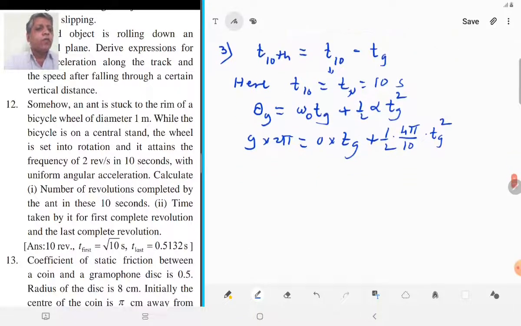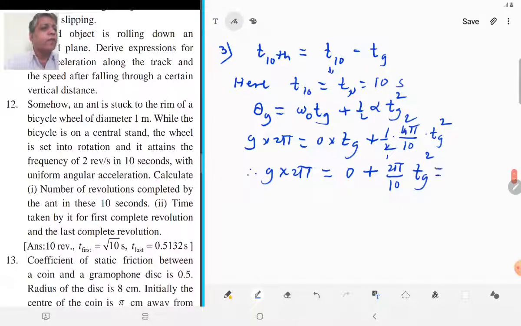Therefore, 9 into twice pi is equal to 0 into T9, that is 0, plus 2 1s are 2, 2 2s are 4. Therefore, that is equal to twice pi upon 10 into T9 square, that is equal to 2 pi upon 10 into T9 square.